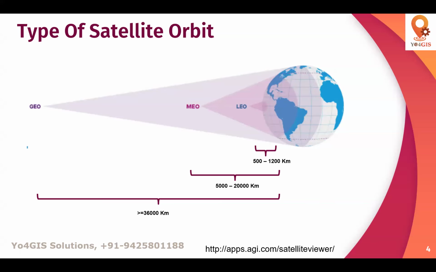If the distance of the satellite from the earth is between 5000 to 20000 kilometers, then these satellites come under the category of MEO. And after that, if the distance of the satellite is greater than or equal to 36,000 kilometers, then these satellites come under the category of GEO, geostationary.